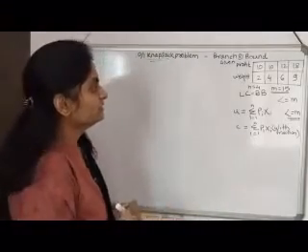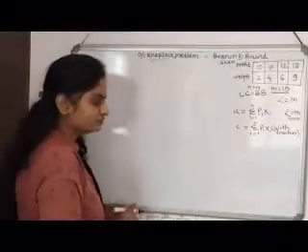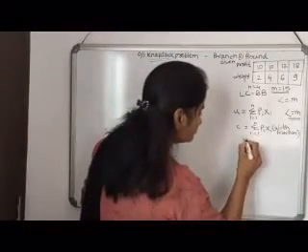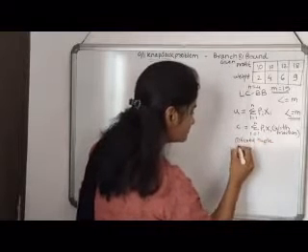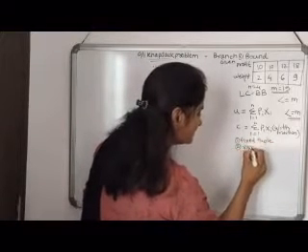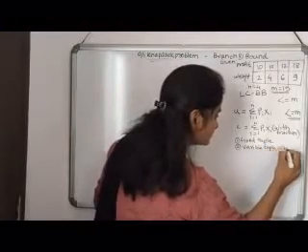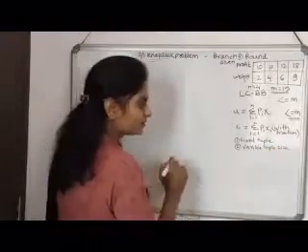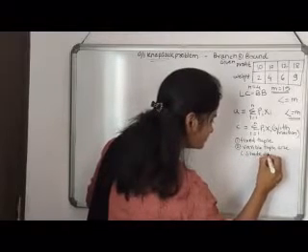Then this problem is solved in 2 ways: first, fixed tuple size, and second, variable tuple size. And draw the state space tree for both.